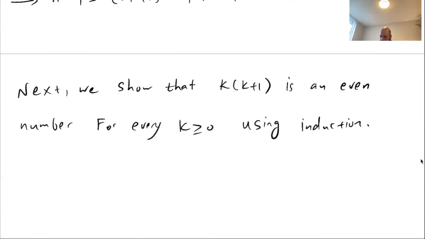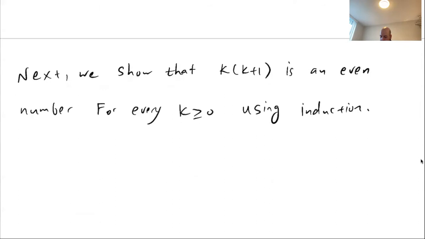So how can I show that this is an even number using induction? For k equals 0, because I want to show that this is true for every k bigger than or equal to 0: 0 times (0 plus 1) is 0, which is even.